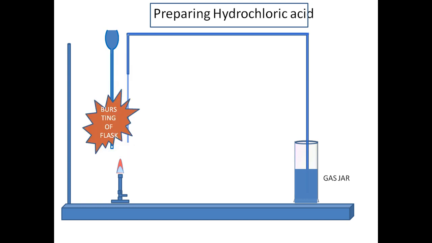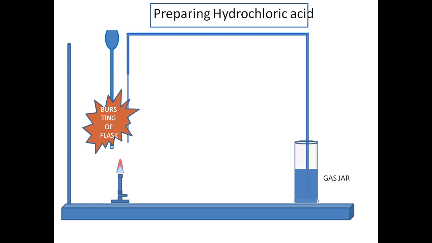This happens because the water taken in the gas jar is cold water, and the round bottom flask was heated, because of which the round bottom flask was very hot, and when the cold water came in contact with the round bottom flask, the flask gets exploded, means the bursting of the flask takes place.